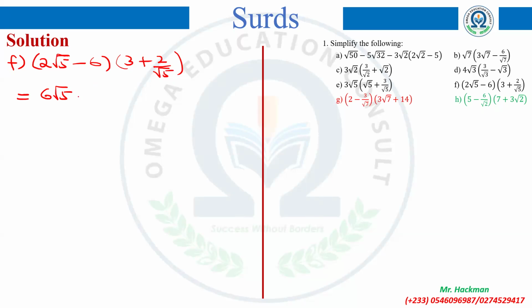But I'm only going to write it, though you can write the matured one. So this one times this will give me plus 4 root 5 over root 5. But just as I said, you could have written 4 there straight away. Then now you multiply the other terms. So minus 6 times 3 will give us 18. Then minus 6 times this will give you minus 12 over root 5.